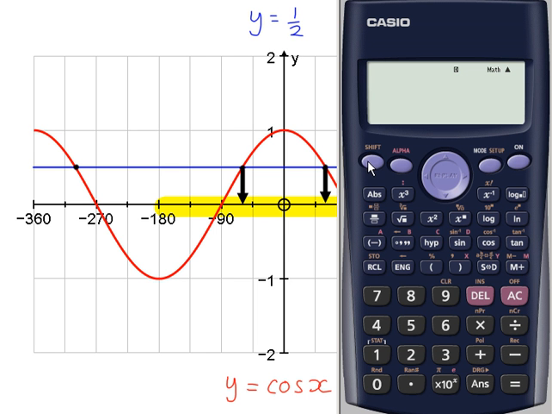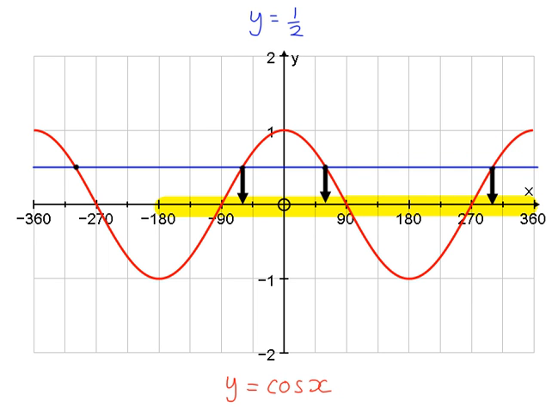So from the calculator, if I do inverse cosine of a half, I get 60 degrees. So that angle is here, 60. So that's one solution. Because of the symmetry of this graph, that's 60, this one's going to be minus 60. So that's my second solution.